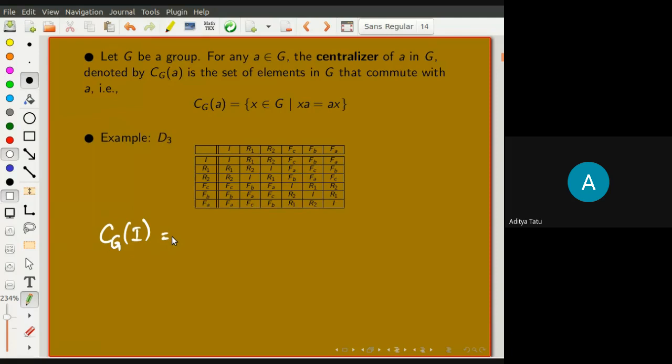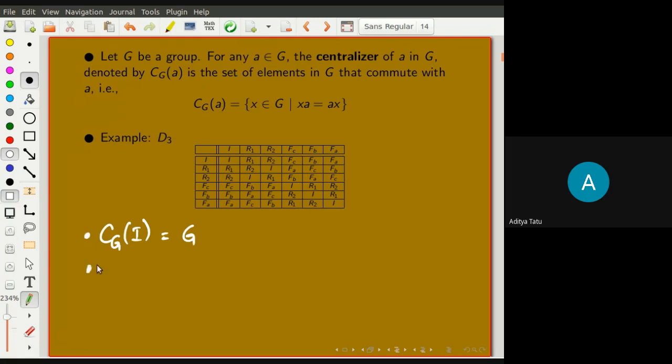What would this be? All the elements, right? And this is true not only for D3 but for any group. Just by definition of identity, it commutes with every other element of the group, irrespective of what the group is. This is sort of a special example.